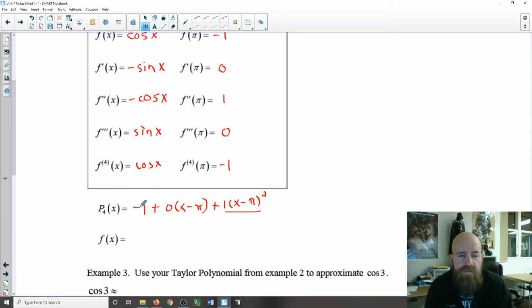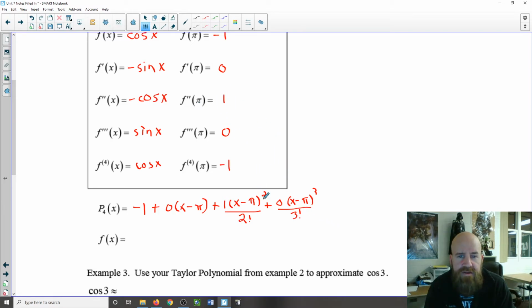So 0th term, first term, second term, we have to have that 2, and then we know that's over 2 factorial. And then the next one would be 0 times x minus pi cubed over 3 factorial.